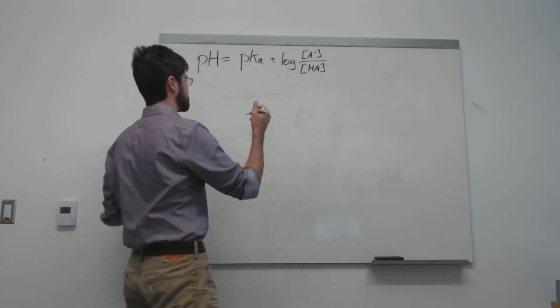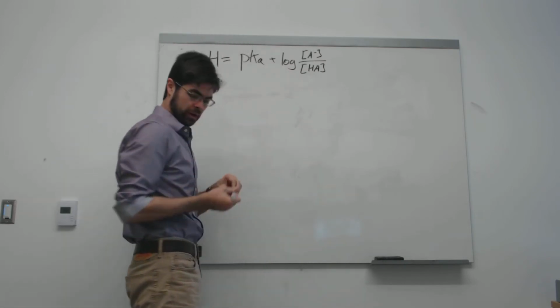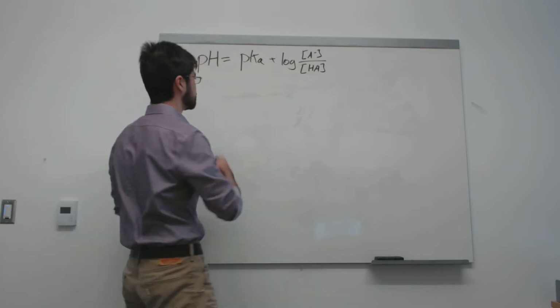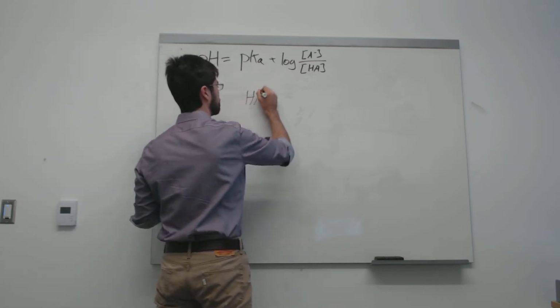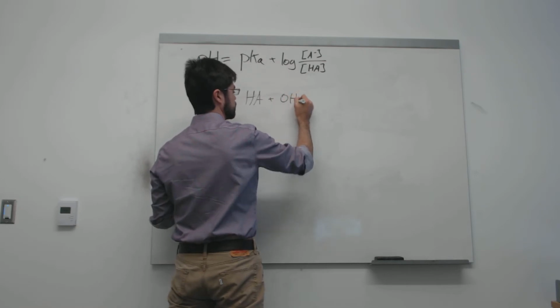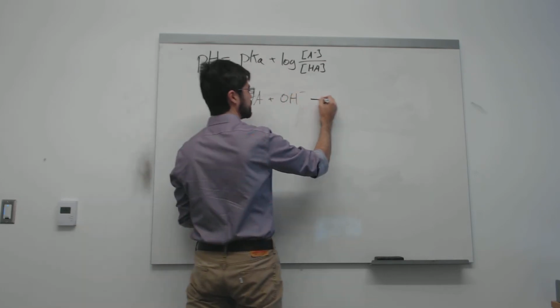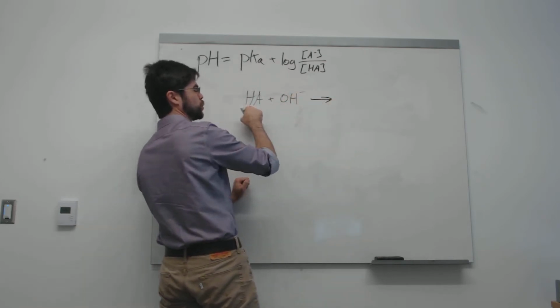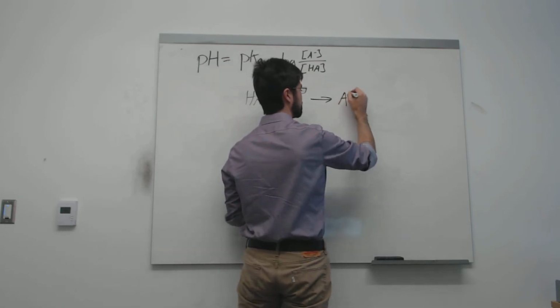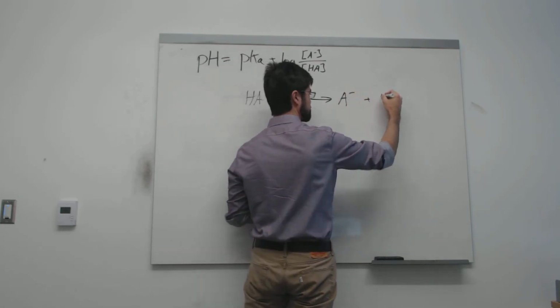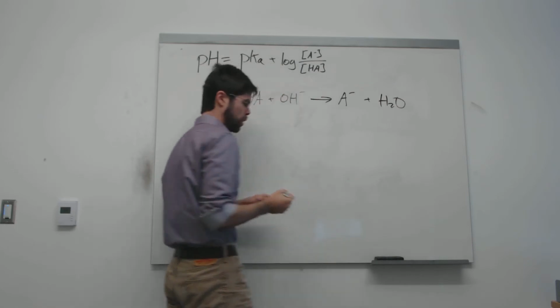And this is what I was mentioning today. If I have a reaction where I add strong base to my buffer, the strong base reacts with the weak acid and produces the conjugate base and water.